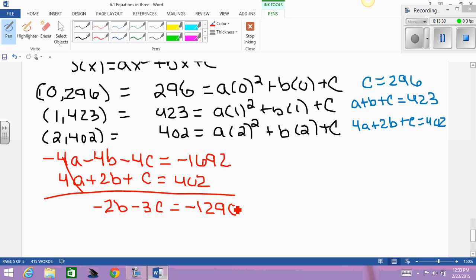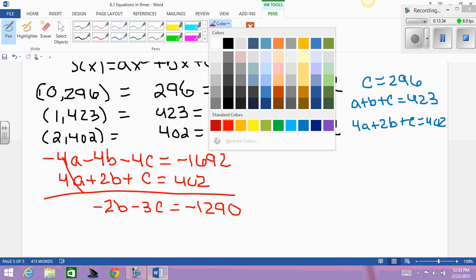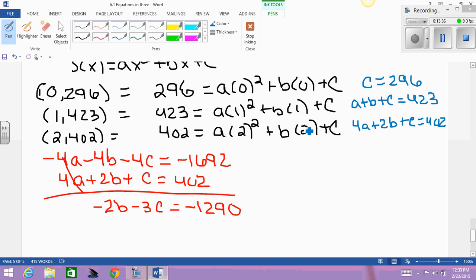So now we know what c is. C is 296. So let's utilize what we know. So negative 2b minus 3 times 296. Again, we're solving for b now. We've already got c, and then we can go and find a.